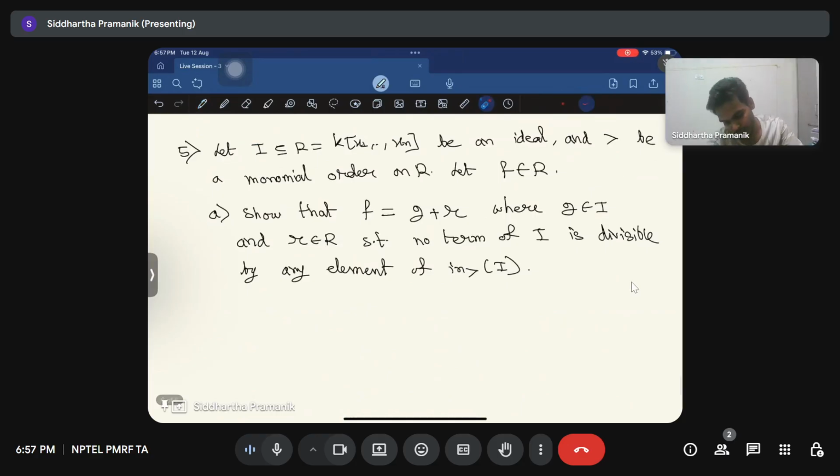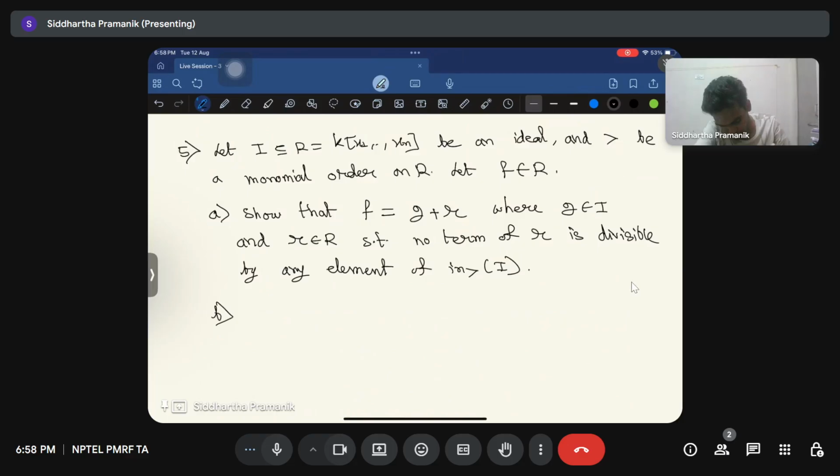F can be written as some G plus R, where G is an element of the ideal and R is some element of the ring, and R has a special property: no term of R is divisible by any element of the initial ideal of I.